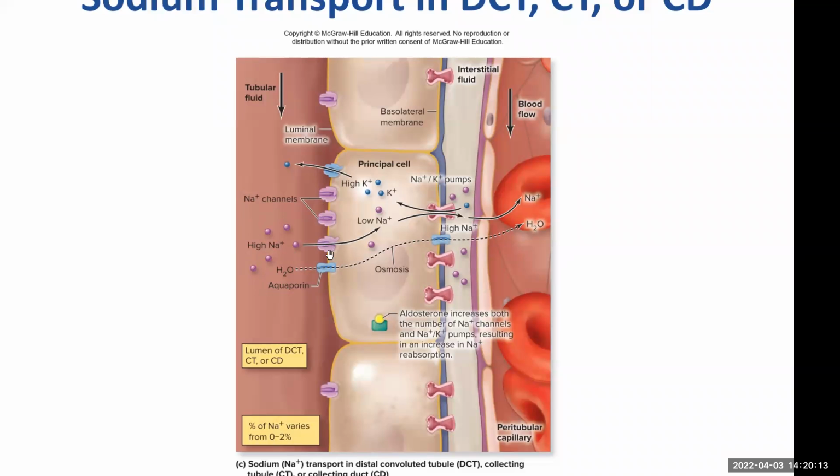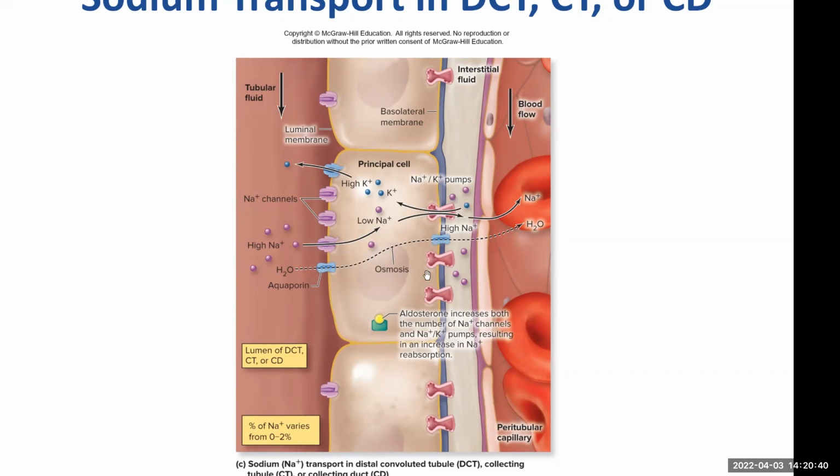Then we have our transport proteins here. Sodium then enters into our principal cells. And then, of course, the principal cells have a low concentration of sodium, so we move down our concentration gradient. Same scenario that we saw before. Sodium will move across the basolateral membrane, and then it goes into the interstitial fluid, and from there, it goes back into the blood.